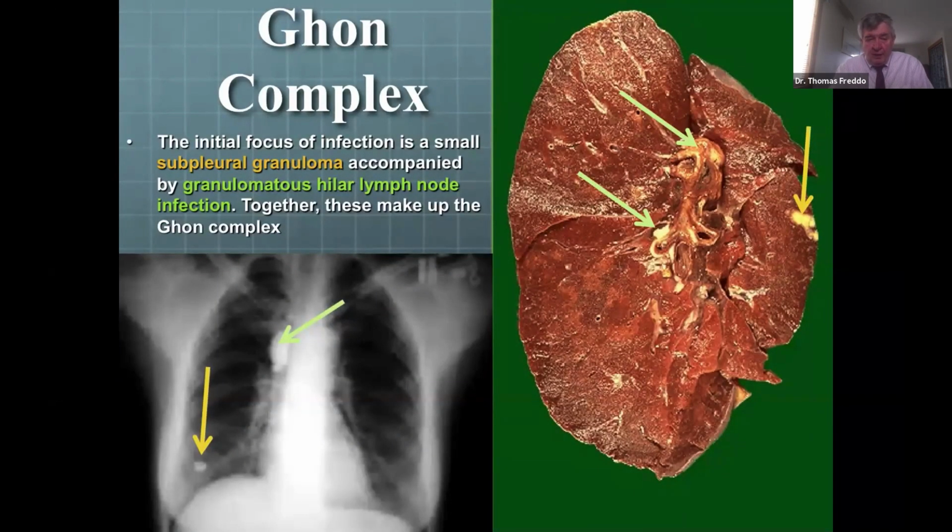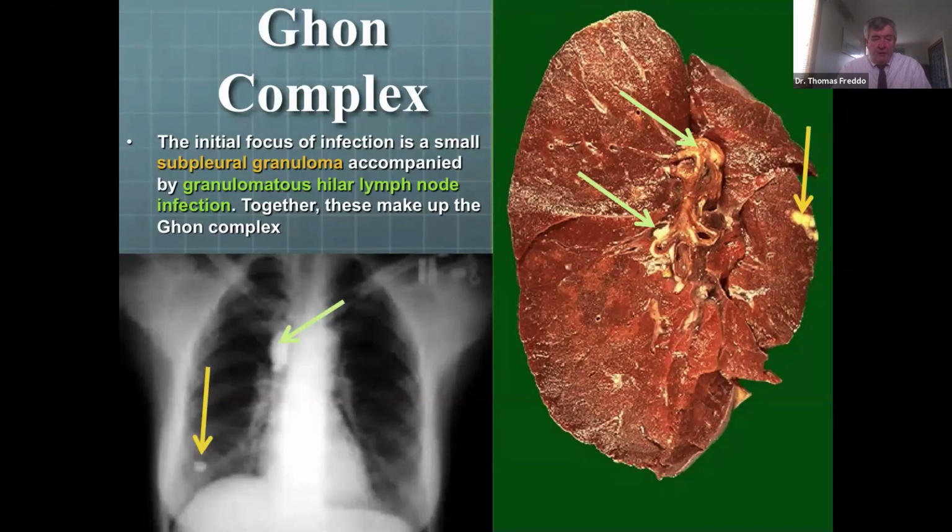You know that in primary TB, the classic initial finding, usually in kids, is what's called the Ghon complex. This is the initial focus of infection, which includes a small subpleural granuloma, which you can see on the radiological study to the left near the cardiac profile, and at the far right on the postmortem specimen.